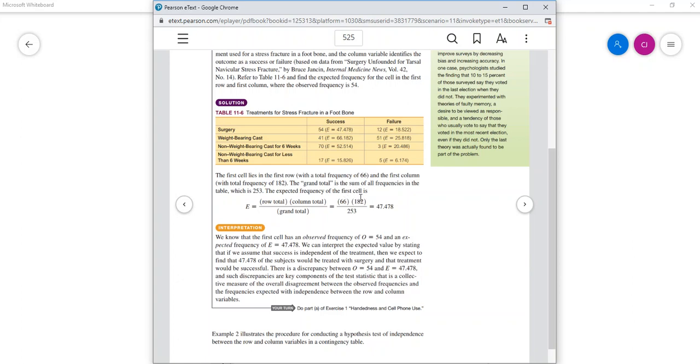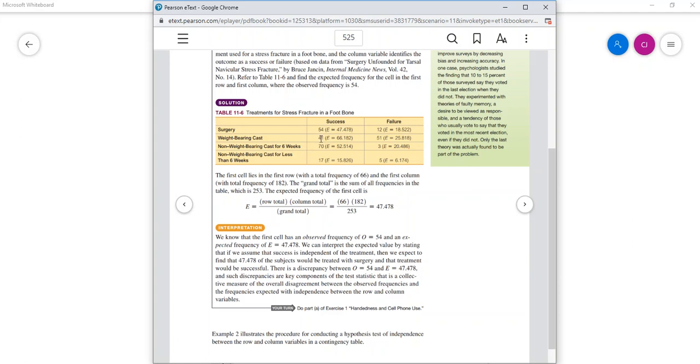Row total, column total, total, right? All of them. So we have to take 54, 41, 70, 17, 12, 51, 3, and 5. Add those all up, and you get 253. Then 66 times 182 divided by 253 is 47.478. So that's where they got this number here, because we use the row total for 54 and the column total for 54, that's why we put this here with 54.